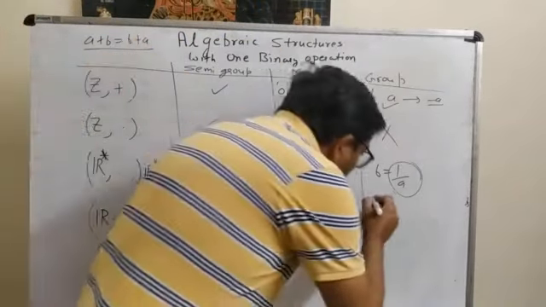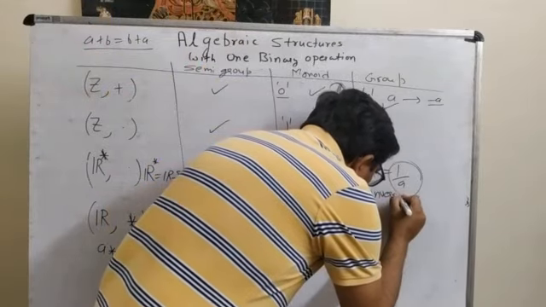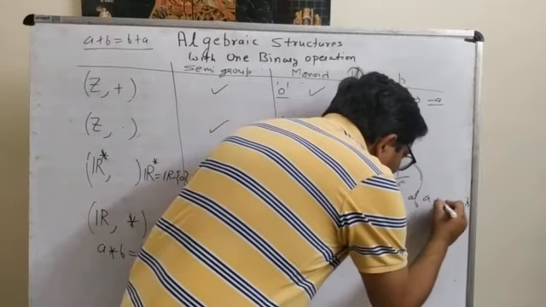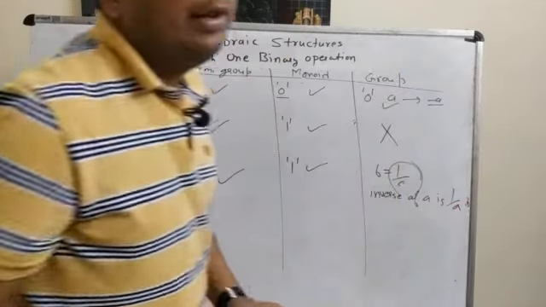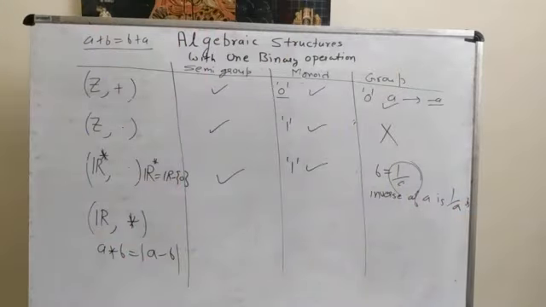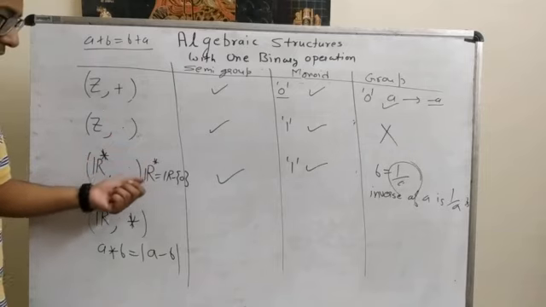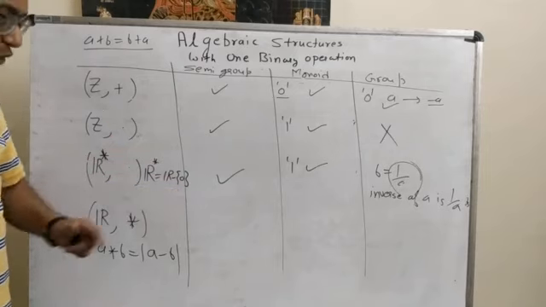So the inverse of A is 1/A. So R is not a group, but R star, if we take R minus 0, it will become a group.